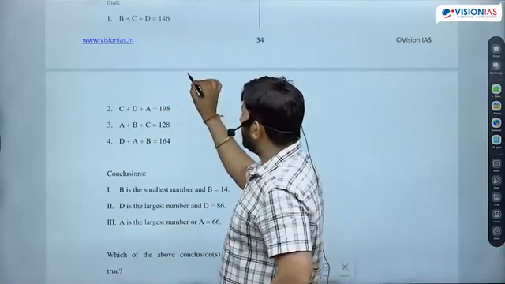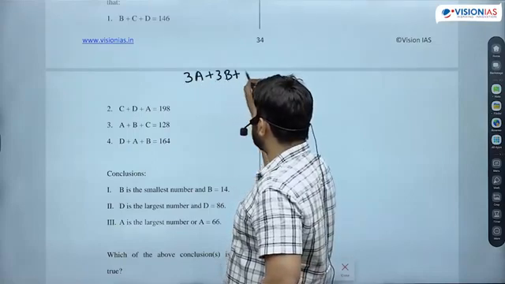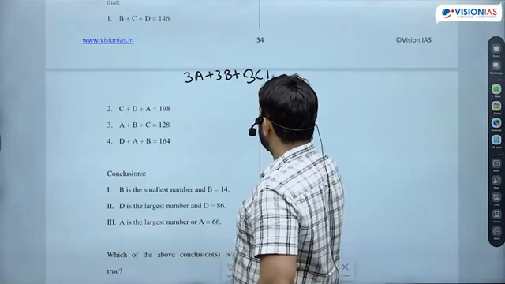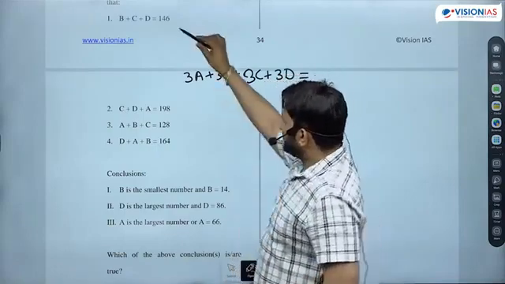So if you add them, you will get 3 times A plus 3 times B plus 3 times C plus 3 times D. What will be the value you are getting? 6 plus 8.